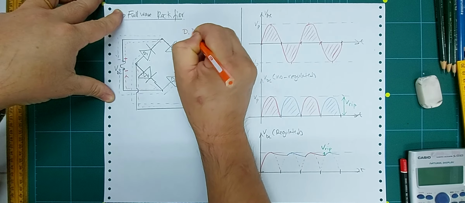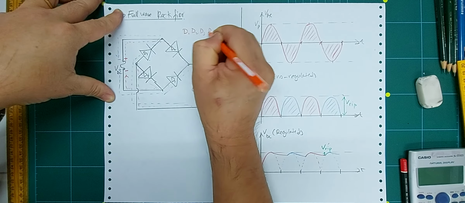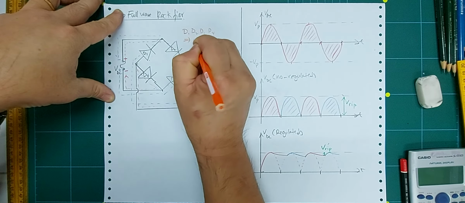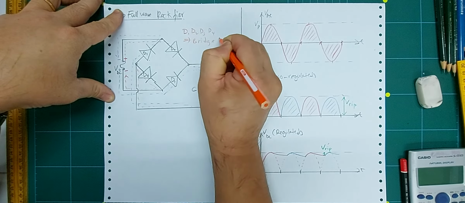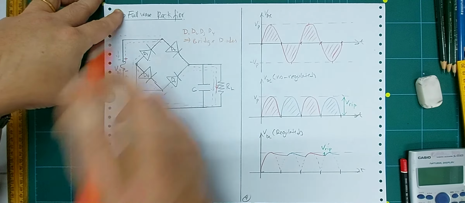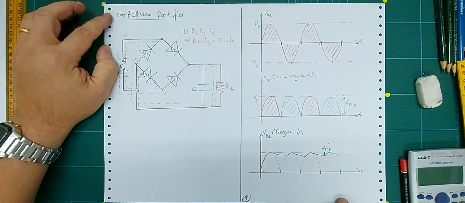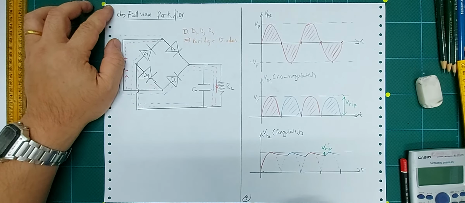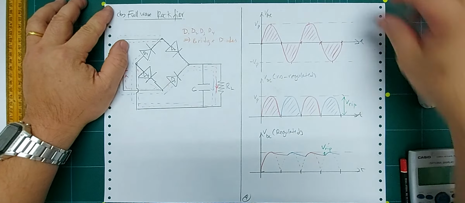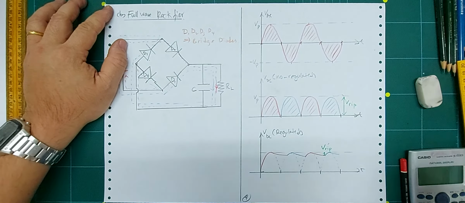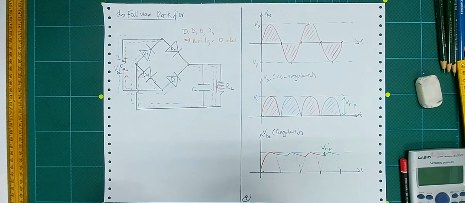D1, D2, D3, D4, they are called bridge diodes. Okay, I have a bridge diode, but I'm very lazy to take it out, maybe some other time. So that is our full wave rectifier. So that is our application for full wave rectifier.